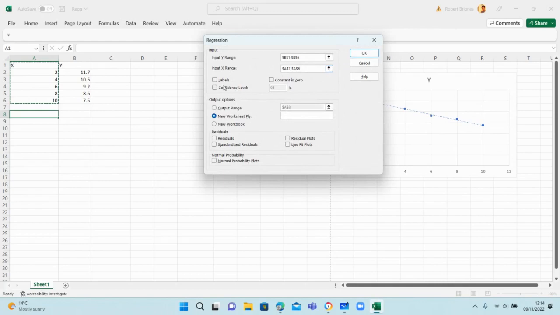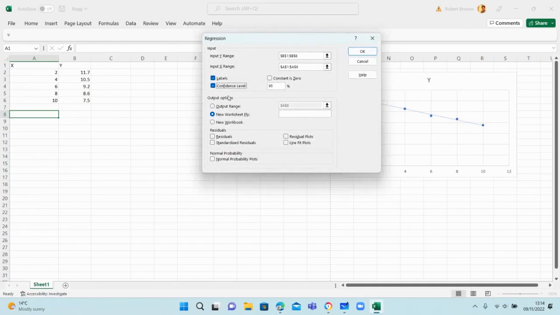Since our first row is actually indicated by their names, we check labels to denote the fact that in the result, the first row of our table of values is actually signified by the names of the variables. And then we also check the confidence level because later on we will have an interpretation of the coefficients of our linear regression model using confidence intervals.